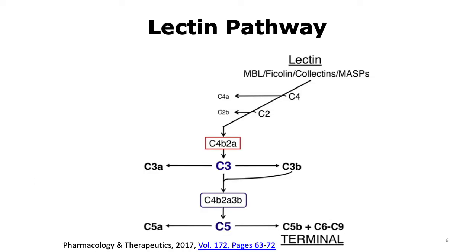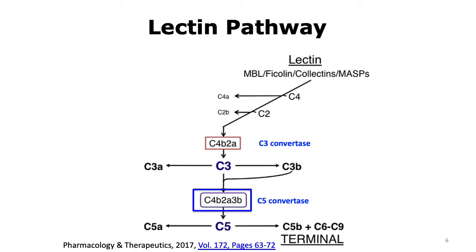The lectin pathway involves the activation of complement proteins like C4 and C2. When these complement proteins get activated, they associate to form an enzyme called the C3 convertase. This C3 convertase then activates the complement protein called C3, which then is able to associate with the C3 convertase to form another enzyme called the C5 convertase.